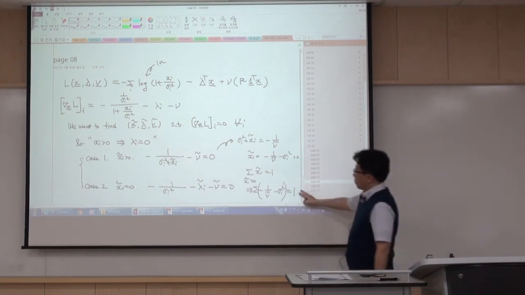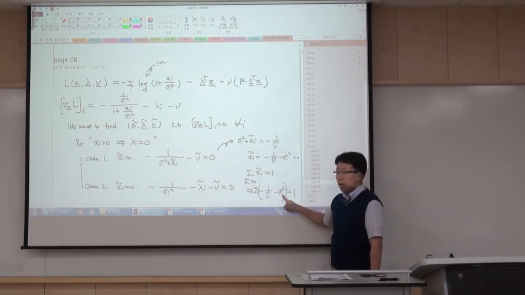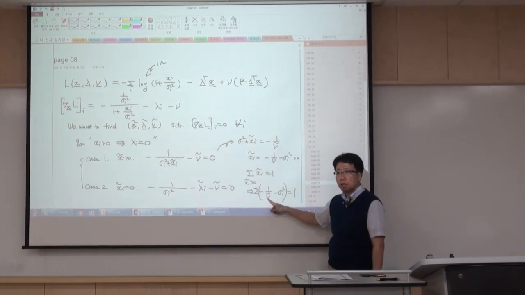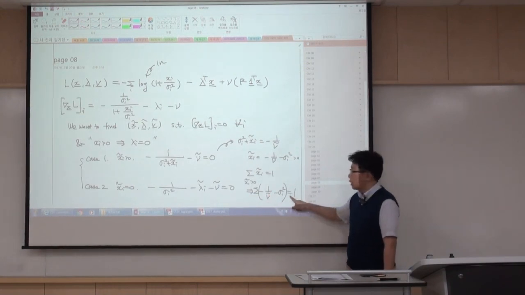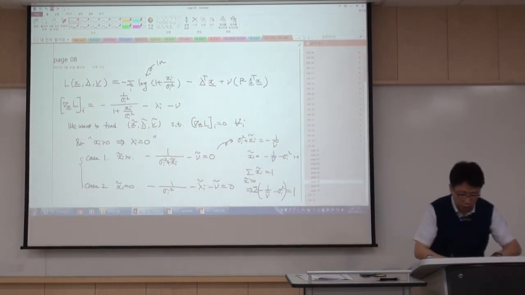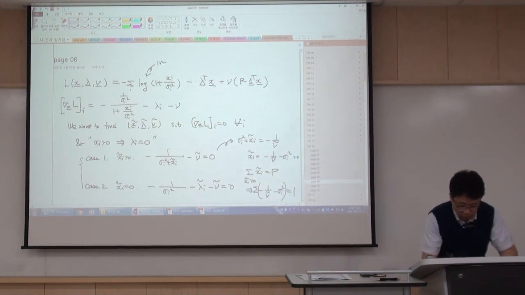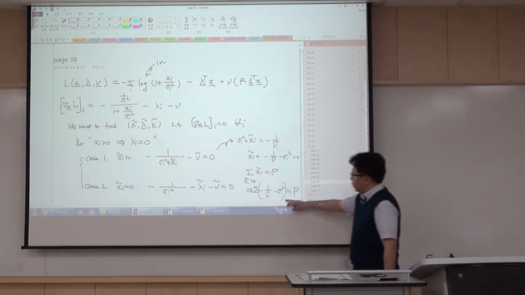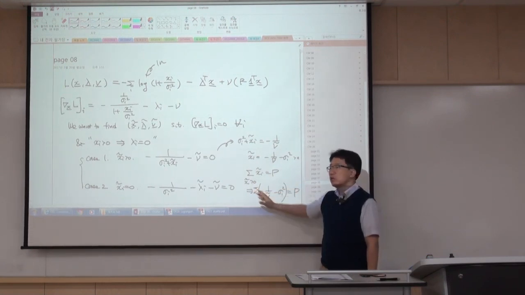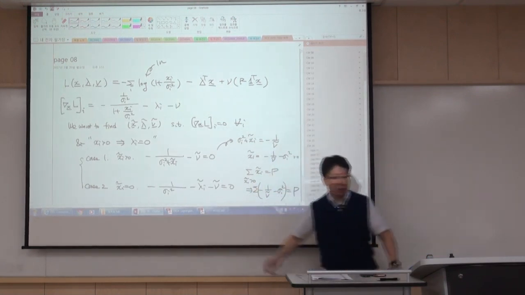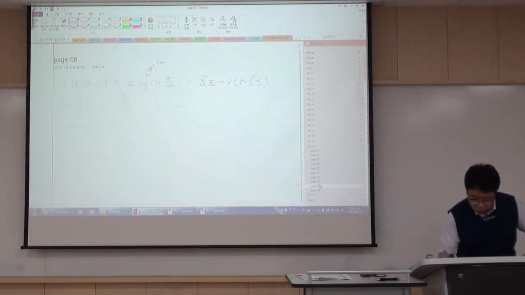And now you see here sigma i squares are given, right? And this is a function only of nu. So we want to find nu tilde that satisfies this equality. Here, this is P. But each term must be greater than 0. Actually, it could be 0. So actually, what we need to solve is this one.